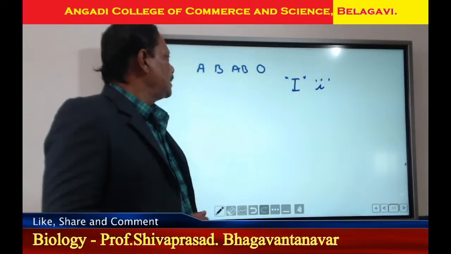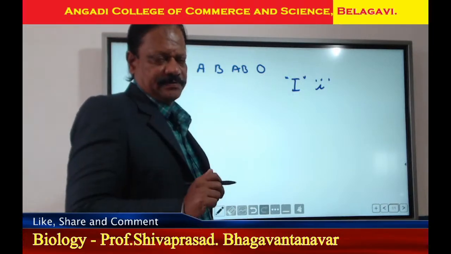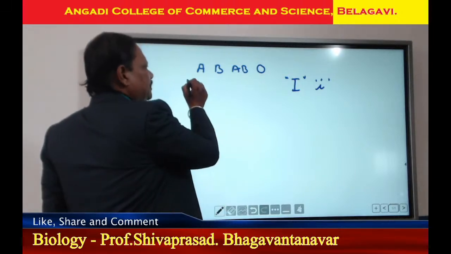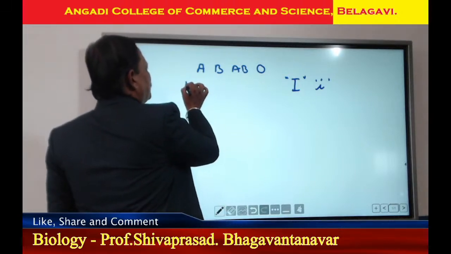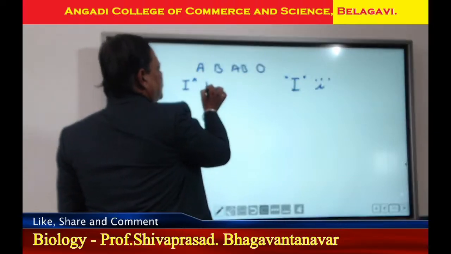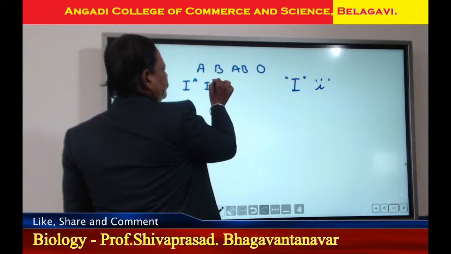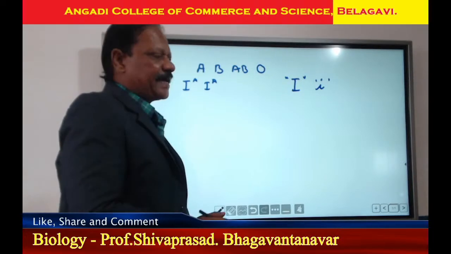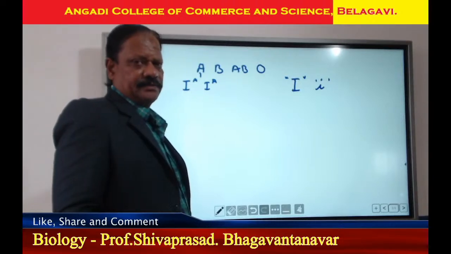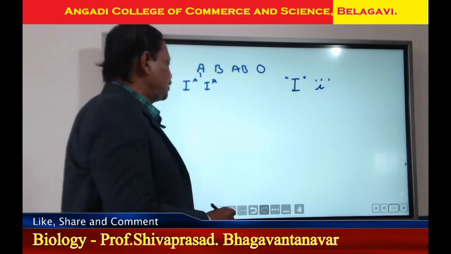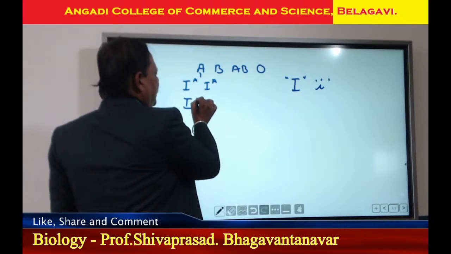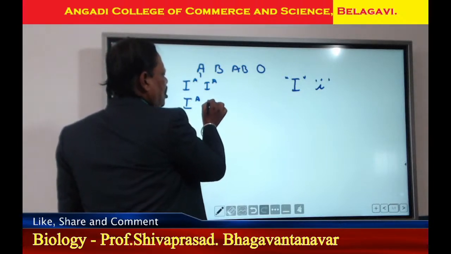Now see, if A is a blood group, it is having a possible genotype, that is capital I A, capital I A. It is representing blood group A. This is homozygous. And the heterozygotic condition is indicated by I A and small i.